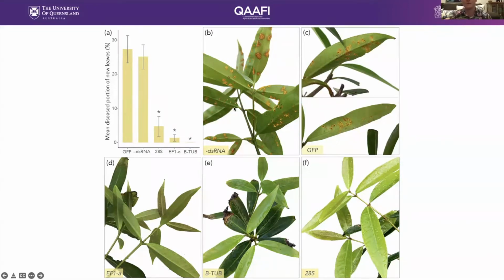So with no double-stranded RNA, with GFP labeled double-stranded RNA, which still caused an infection, and then significant reductions in infection rate with these housekeeping genes, beta-tubulin, to the extent that it couldn't even cause an infection. And Beck is the first person to ever do a whole plant assay with double-stranded RNA for rust fungi, which is pretty neat. Nice work, Beck.